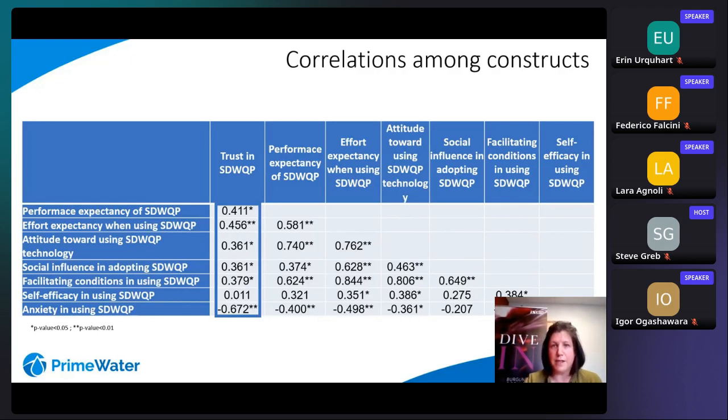Instead, anxiety results to have a negative role on trust. So according to these preliminary results, self-efficacy, so the user perception of their ability to use this data, has no impact on trust.